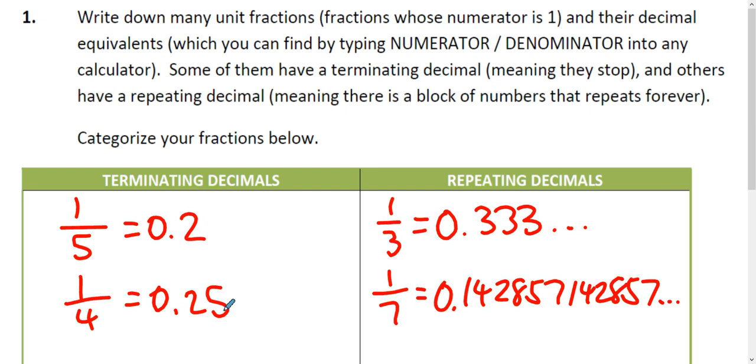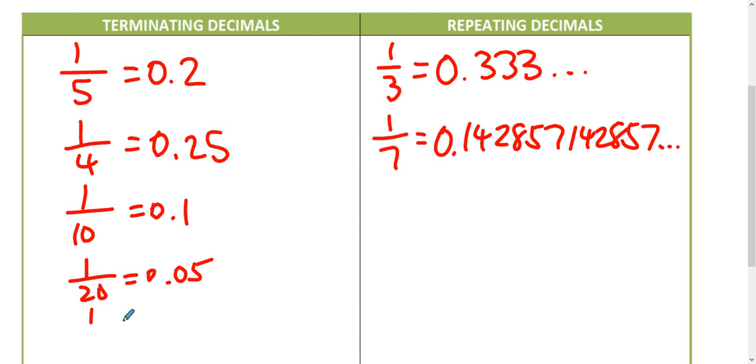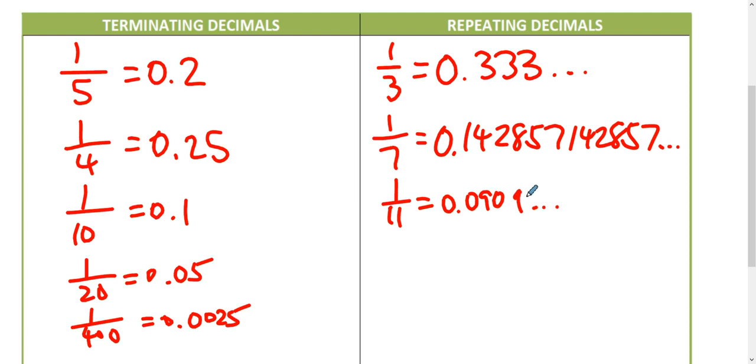and you have this big long list of terminating decimals and repeating decimals, and you're trying to figure out what makes the difference. This one doesn't repeat, but this one does.